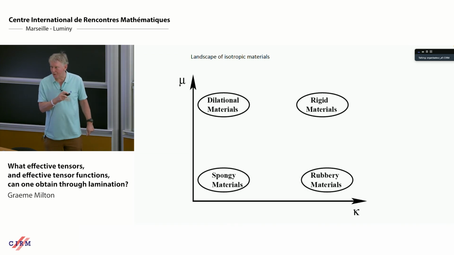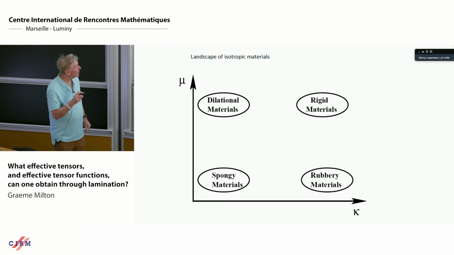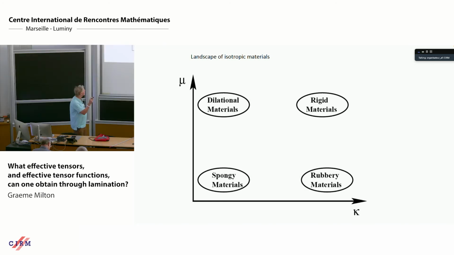And roughly speaking, you could put them into categories of very spongy materials, rigid materials, rubbery materials, materials that are difficult to compress but relatively easy to shear. And in this corner here, one has dilational materials or auxetic materials that are easy to compress but hard to shear. So in 2 dimensions, this would be a beautiful way of using conformal analytic transformations.